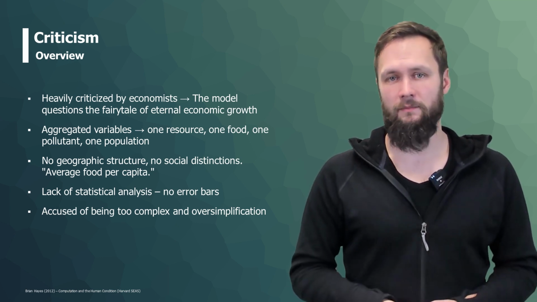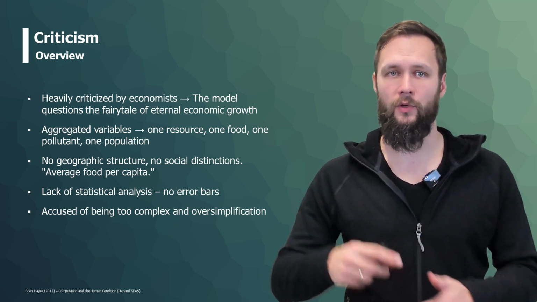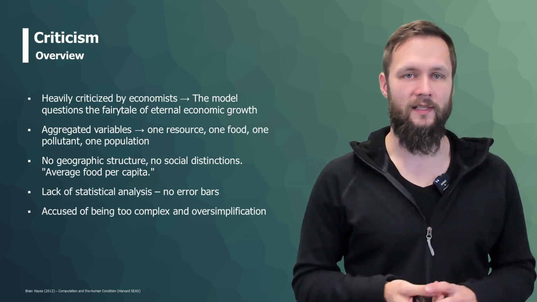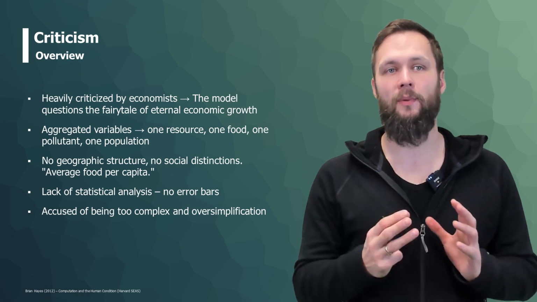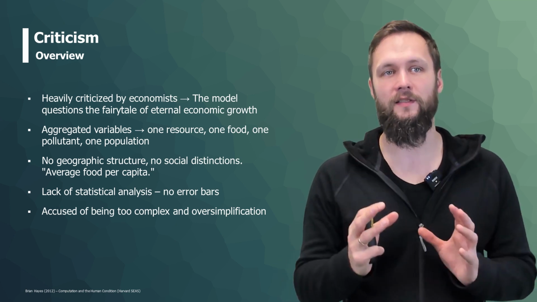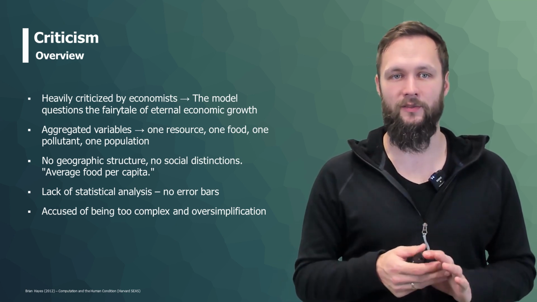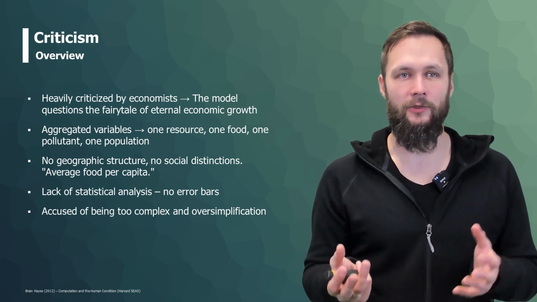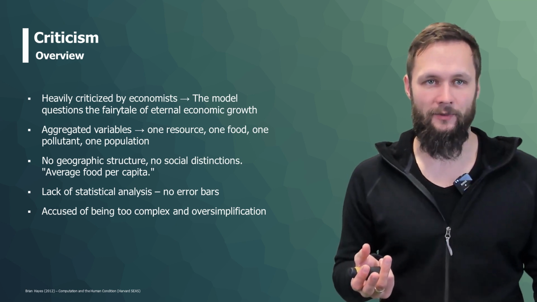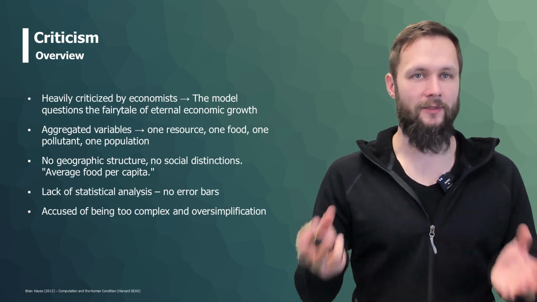And finally, something that we already discussed before we got into the results: it's 1972. You had problems and difficulties getting the input parameters right because you did not have Wikipedia to look up the birth rates of every country. You had to get them from somewhere, and then you had to aggregate them.